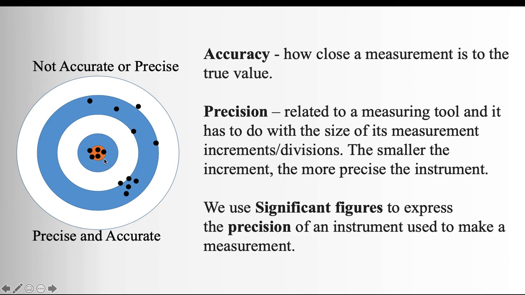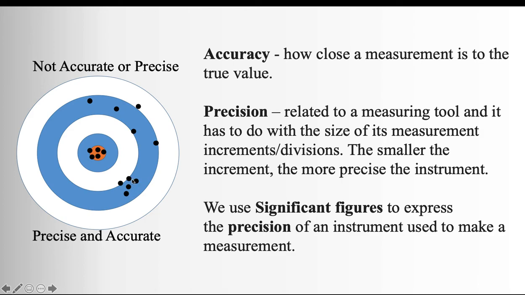Now, we may be here, and that could be we could be inaccurate due to human error. If my instrument is precise and I'm not accurate, that means that it's probably due to human error. If I get values that agree with each other, they're very close.